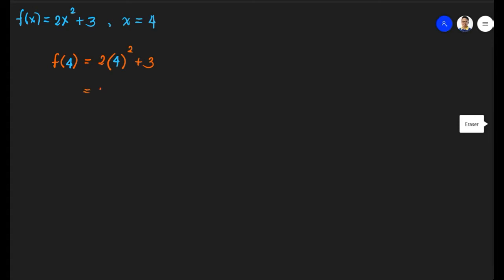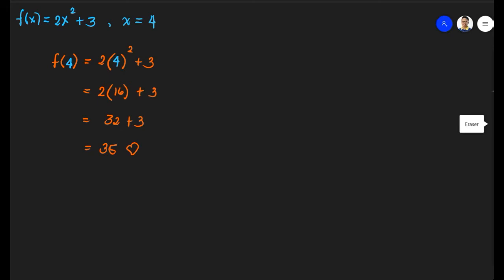We have 4 raised to the power of 2, or 4 squared, is equal to 16. Multiplying 2 by 16, we would have 32, plus 3. And 32 plus 3 is actually equal to 35. So in other words, the function value is equal to 35 when x is equal to 4. That's how easy it is.